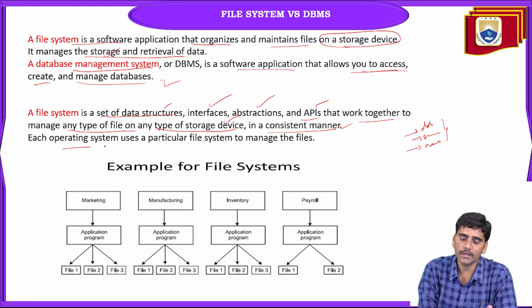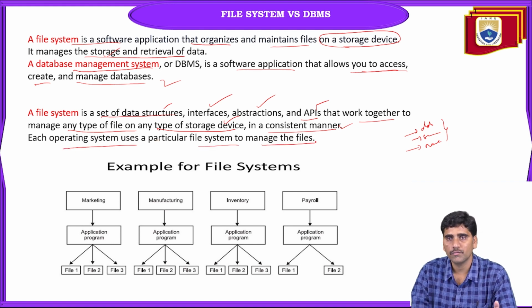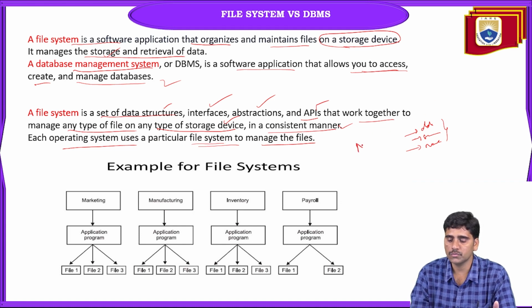And each operating system uses a particular file system to manage the files. What types of file systems can they use? They can use NTFS as a file system or FAT as a file system. File Allocation Table is one file system.